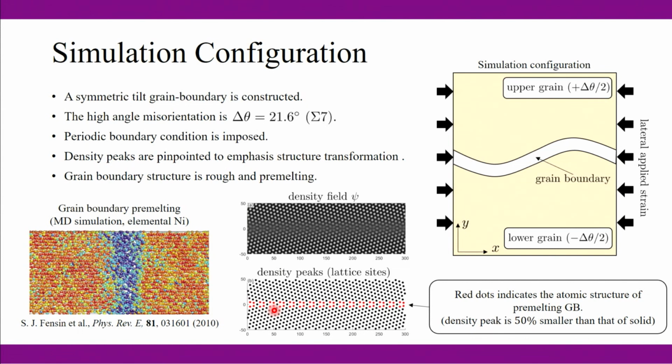So what would depend on the length? Right, that's a very good question. We are also going to change the length. Why is that? Because, according to the previous ATG simulation, if I change my lateral dimension, that corresponds to a different wave number of the perturbation of the grain boundary surface.